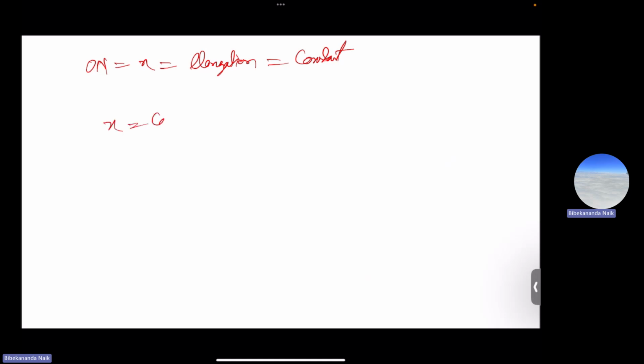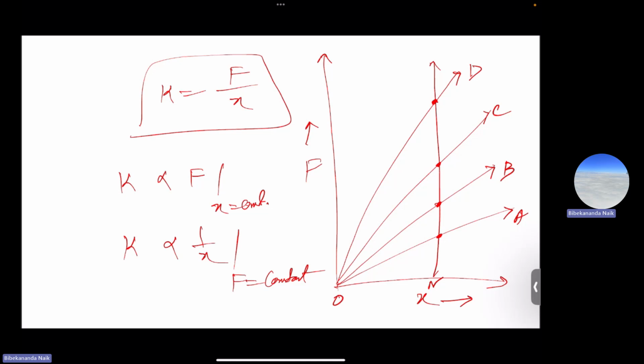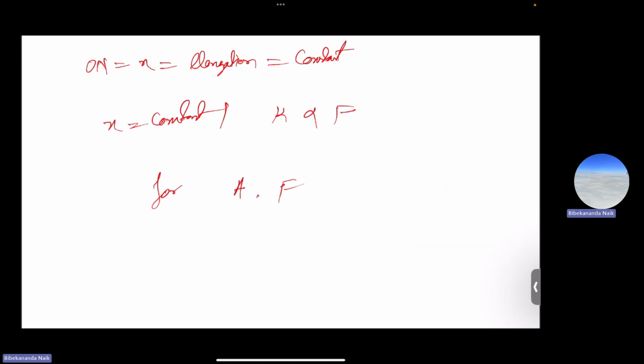Since x is constant, k is directly proportional to F, so the spring for which F is maximum will have maximum k. If you see the image, for A, F is minimum, that implies k is minimum.